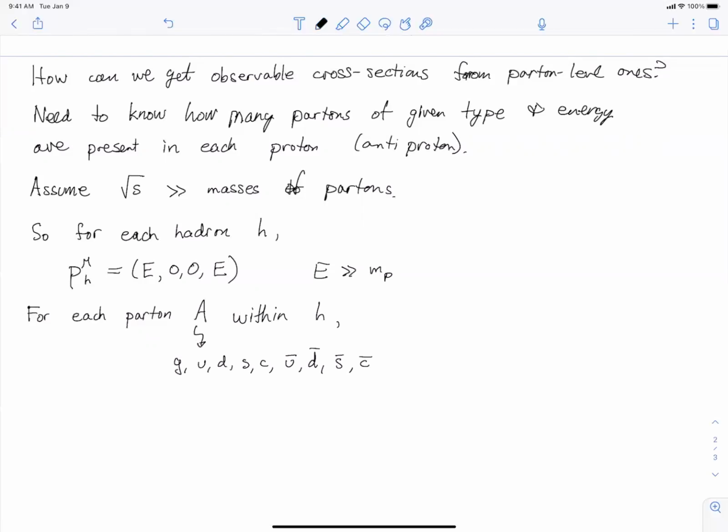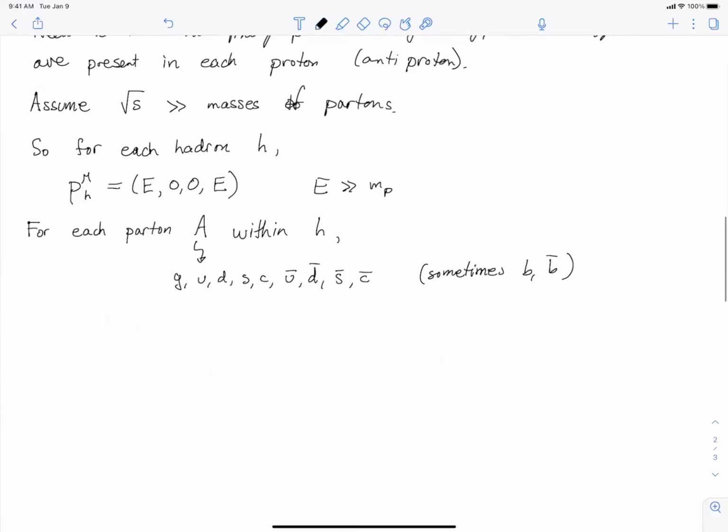You might think it's funny that we're including charms here because charms are heavier than protons, but it turns out there's some probability amplitude to find a charm quark within a proton. Only for a short period of time, but that's enough to make it scatter. And sometimes you even include the bottom and the antibottom, even though they're much heavier than a proton. There's still some non-zero probability to find one within the proton.